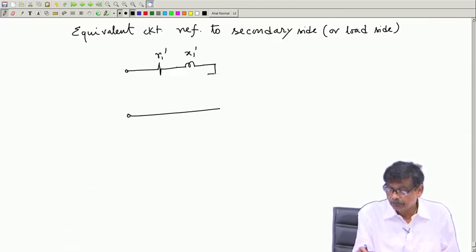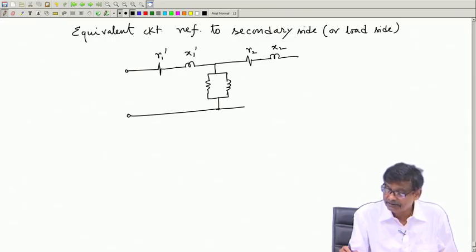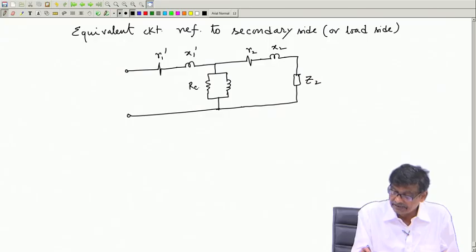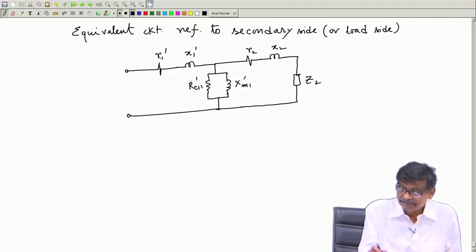Here those two parallel branches should be like this, and these two should not be disturbed. Secondary side we are going, and this impedance should be Z2, and this of course should be RCL1 dashed, XM1 dashed.